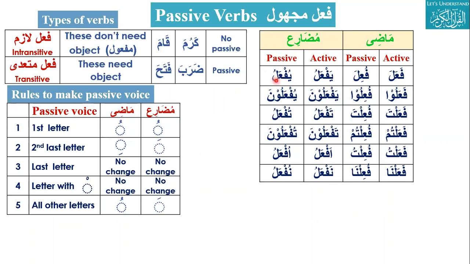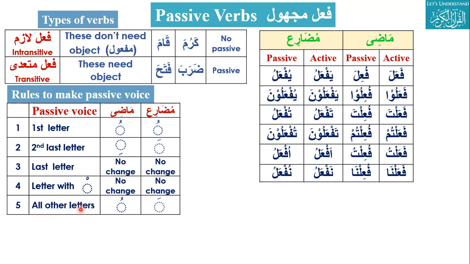And the last letter doesn't change as in the case of mazi. No? So here the sound is u-a. In mudare the sound is u-a and in mazi u-i. So the last letter doesn't change. If there is a letter that has a sukoon, it would not change also. So yaf'alu becomes yuf'alu. Okay. So these are the rules.